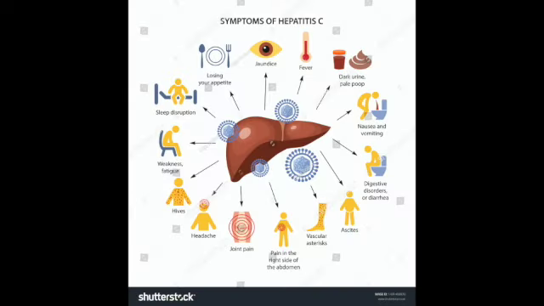Hepatitis C can be transmitted parenterally. It can also be transmitted perinatally, although this is uncommon. It can also be transmitted sexually, via percutaneous exposure to infected blood and plasma.